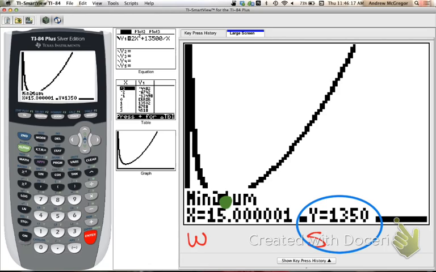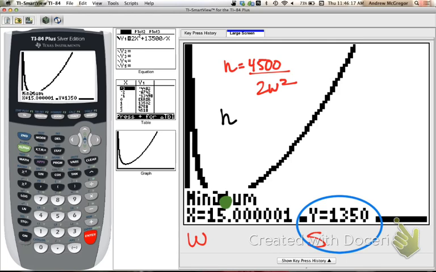What equation did you guys use for the W? You can use a lot. What was the easiest one? Length equals 2 times 15. If we're solving for height, then H equals 4,500 over 2W squared. Good.